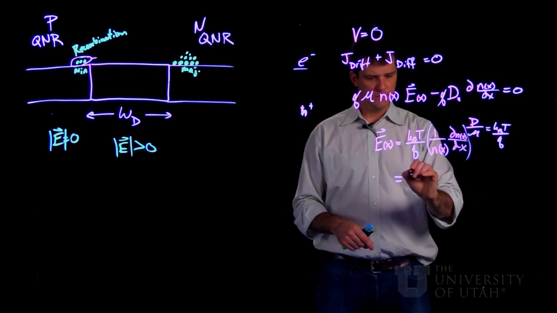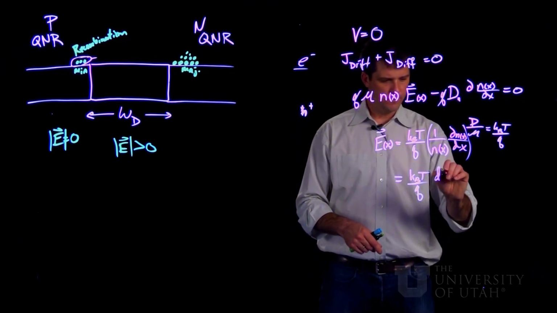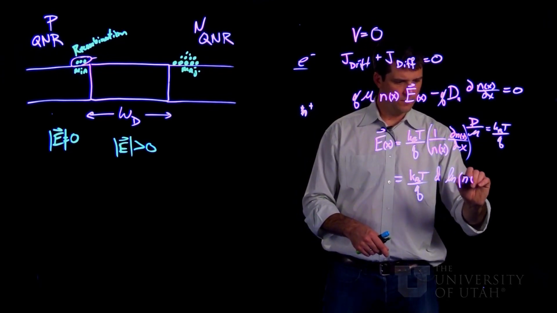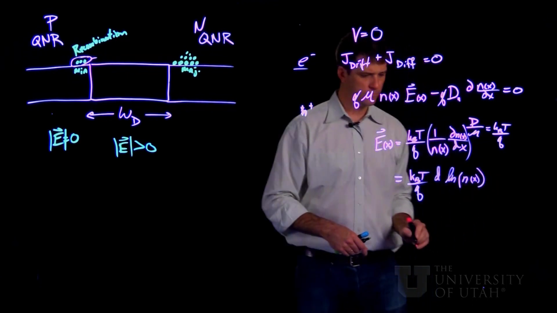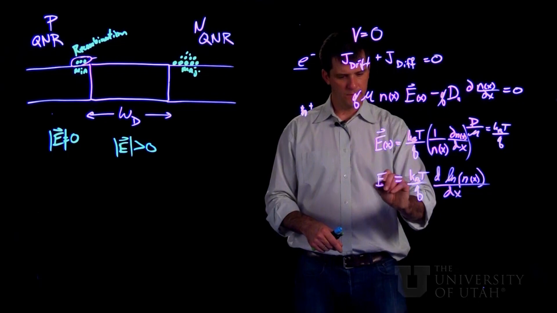And we can also see, if we just take one more step, kBT over q times d logarithm of N of x by dx gives us the E field.